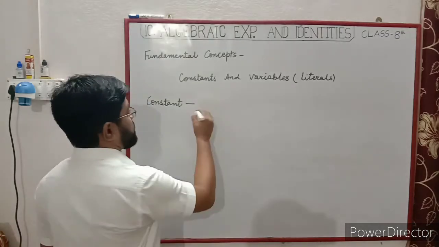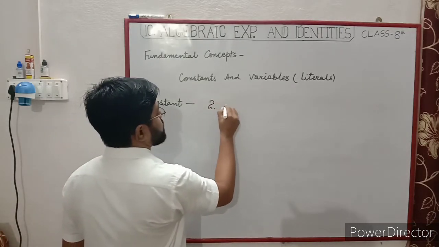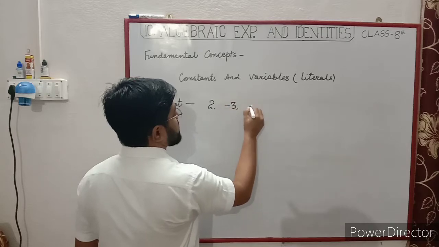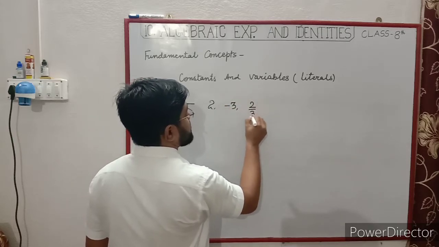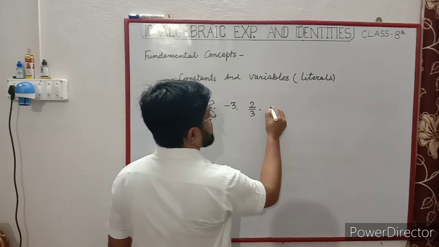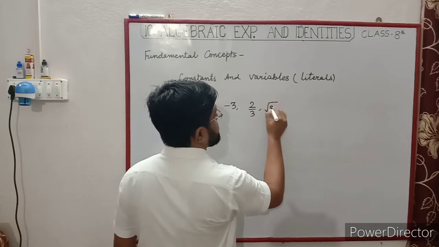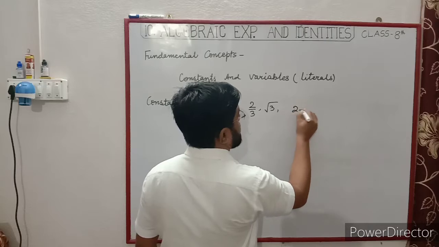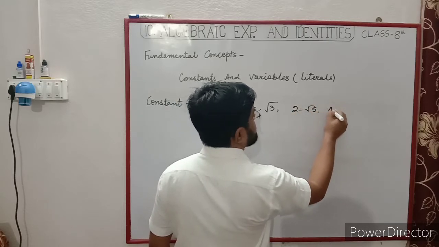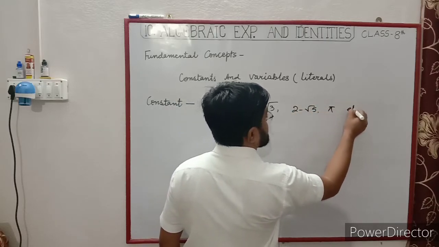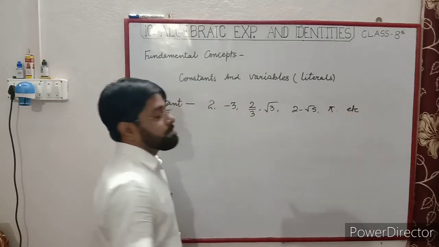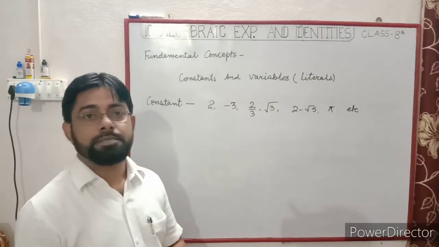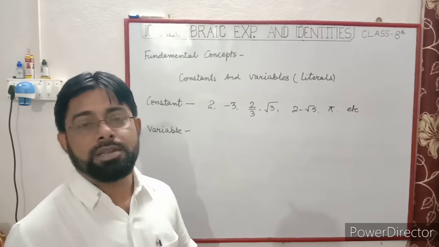Let's see. For example, 2, minus 3, 2 by 3, root over 3, 2 minus root over 5, pi, etc. Now, variable.